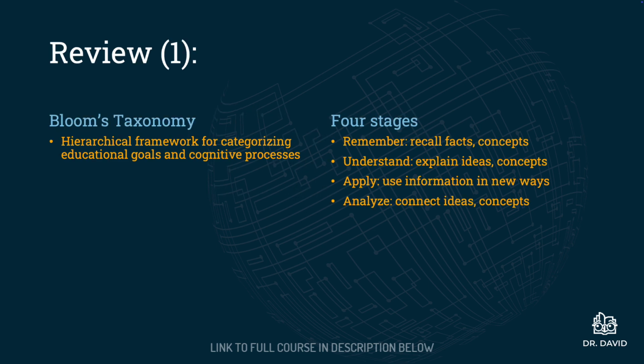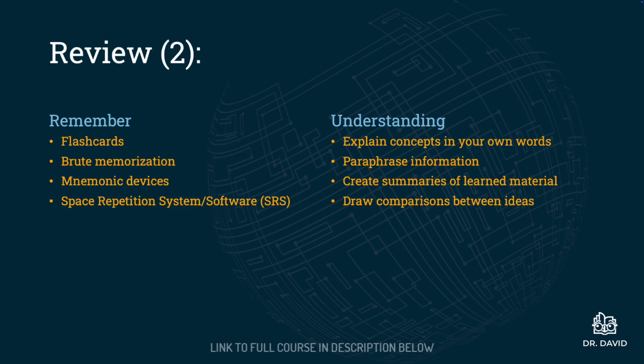In this lecture, we have gone over Bloom's taxonomy. Remember that Bloom's taxonomy is a hierarchical framework for categorizing educational goals and cognitive processes. For the exam, there are 4 stages that you need to master. They are remember, understand, apply, and analyze. For the remember stage, useful activities that you should engage in throughout your preparation include creating flashcards, using those flashcards to memorize the key concepts and terminology, mnemonic devices, which I have throughout the course included, and also perhaps utilizing a spaced repetition system or spaced repetition software.